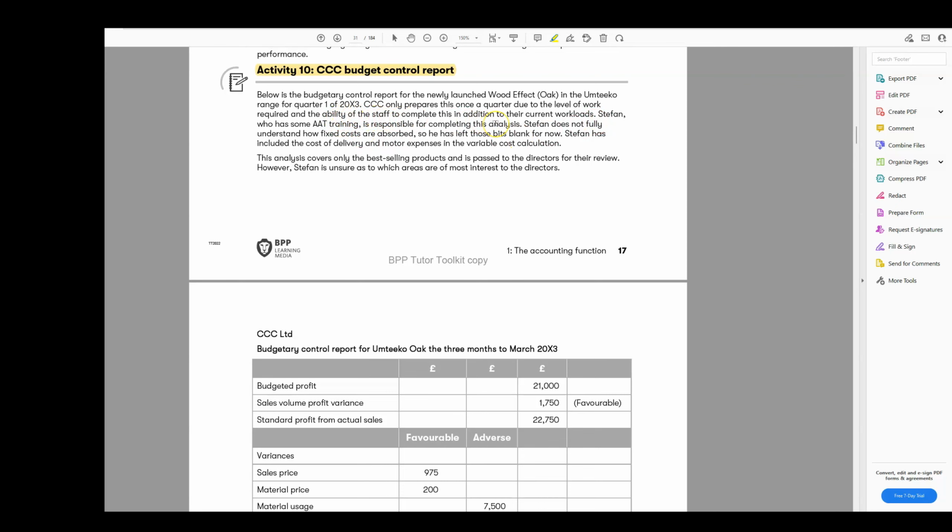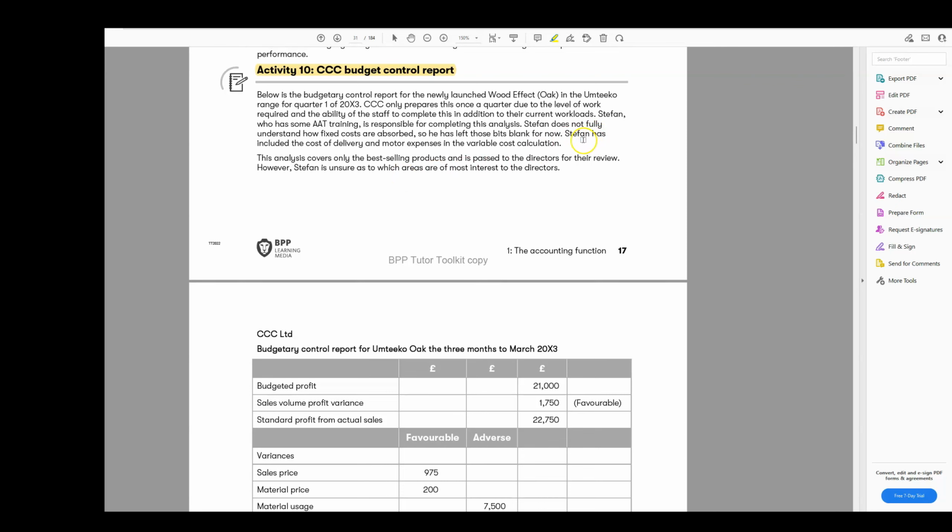CCC only prepares this once a quarter due to the level of work required and the ability of the staff to complete this in addition to their current workload. Stephen, who has AET training, is responsible for completing this analysis. Stephen does not fully understand how fixed costs are absorbed, so he has left this bit blank for now. Stephen has included the cost of delivery and motor expense in the variable cost calculation.